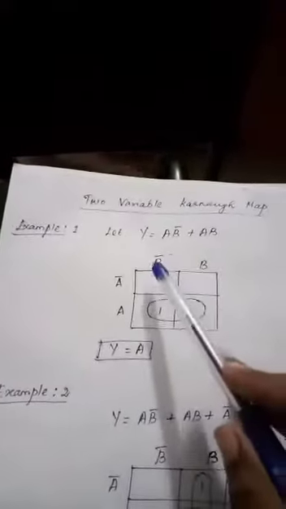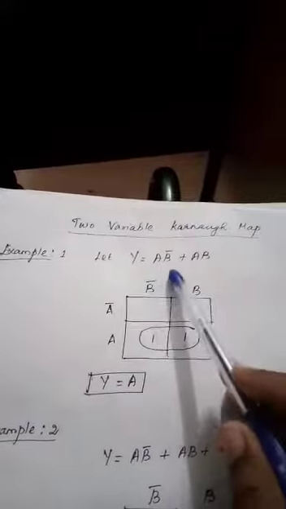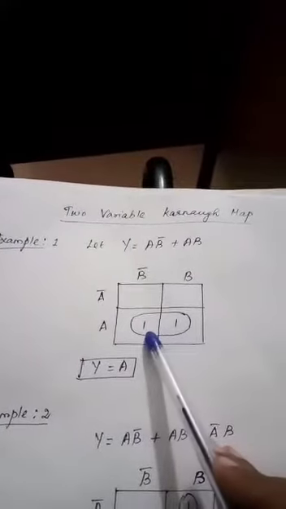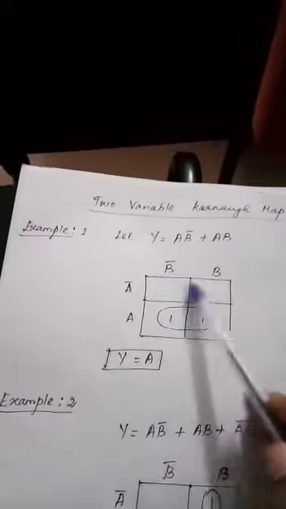So for Y equals A B bar plus A B, we put it like this. The other cells will be represented as 0.